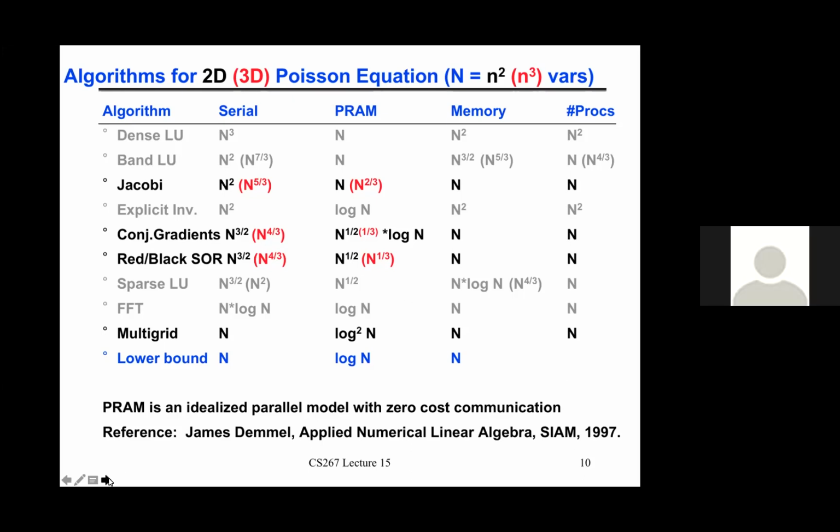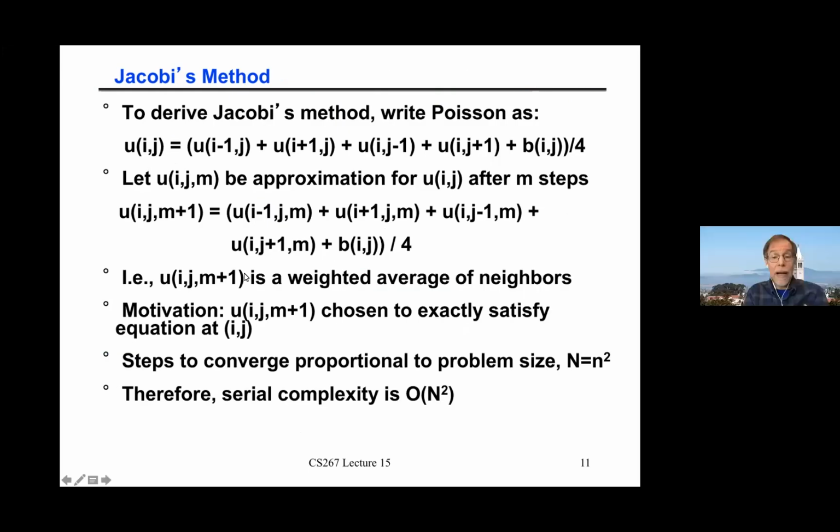Yeah. Okay. So let's derive Jacobi's method. And as I said, all we're going to do at every mesh point, and I'm going to label the mesh points by indices i, j, is we're going to average each mesh point with its nearest neighbors. So the question is, what does that averaging amount to? What is the equation that we're trying to solve, Poisson's equation, for the ijth mesh point?